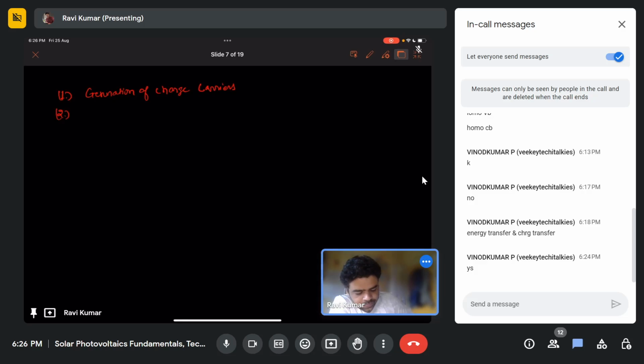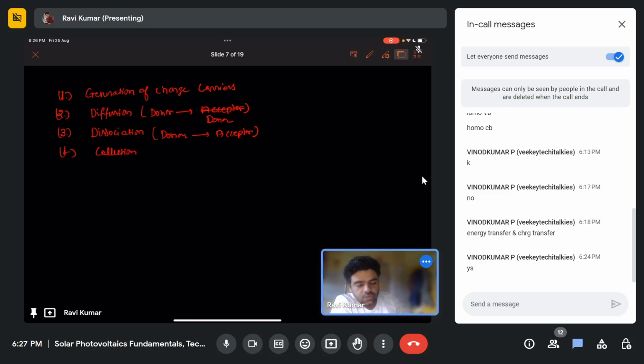Second is diffusion, from donor to acceptor. Third is dissociation; it is donor to donor, and here it is donor to acceptor. And the fourth is collection of charge carriers.